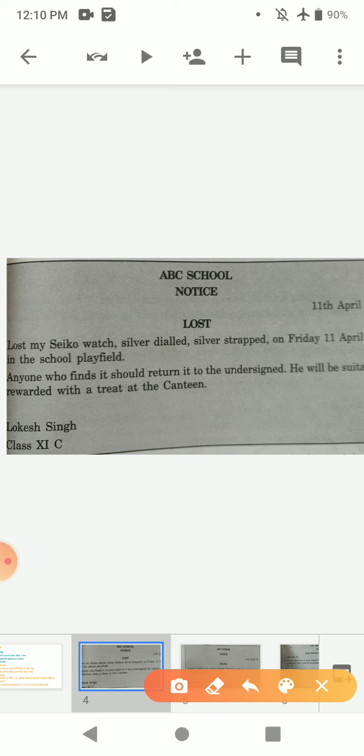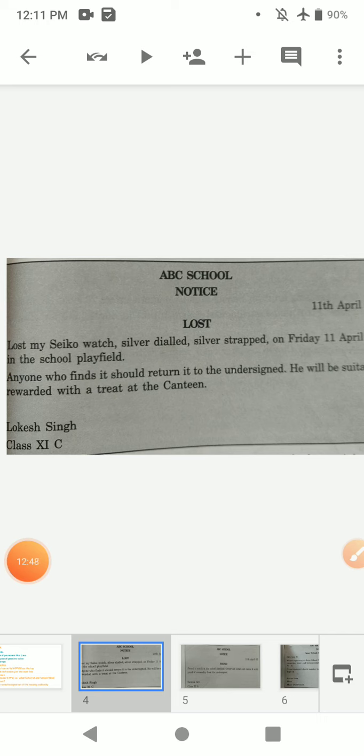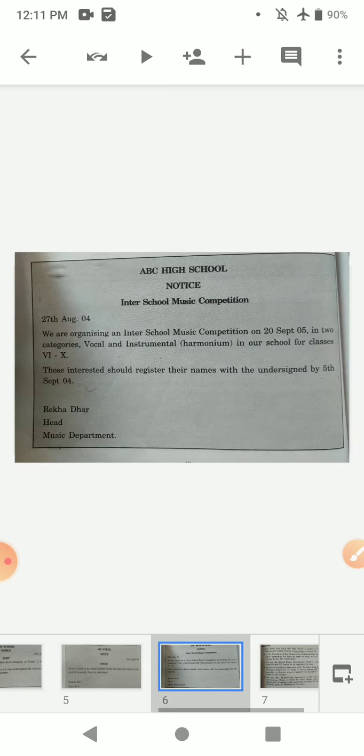He has given some instruction, anyone who finds it should return it to the undersigned. So while writing any notice, if you keep these 5 6 W's in your mind, this is gonna help you definitely. So then here is one more notice.